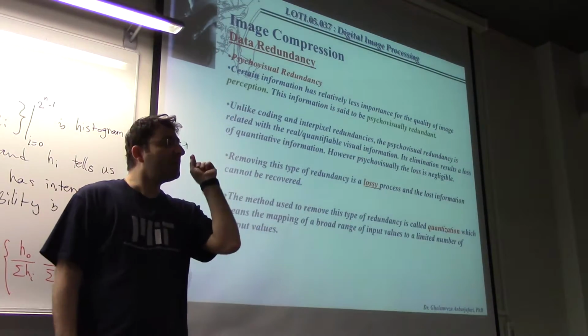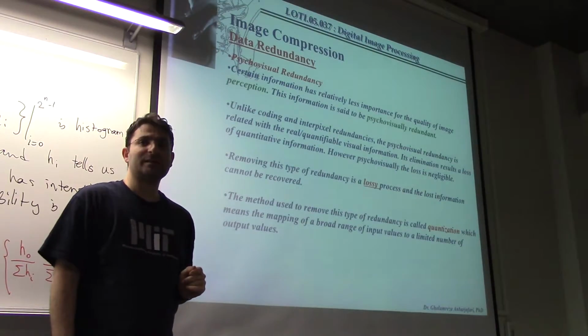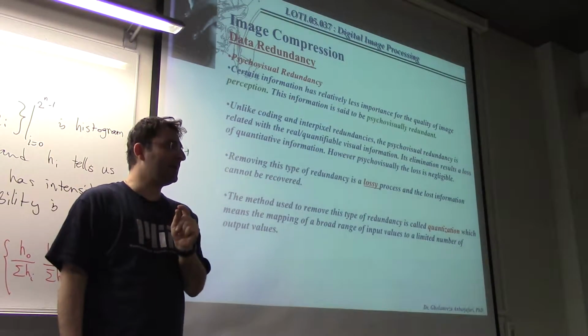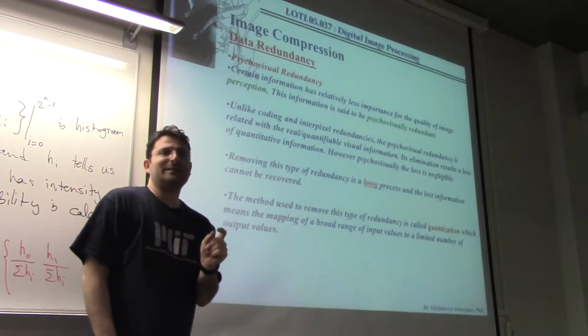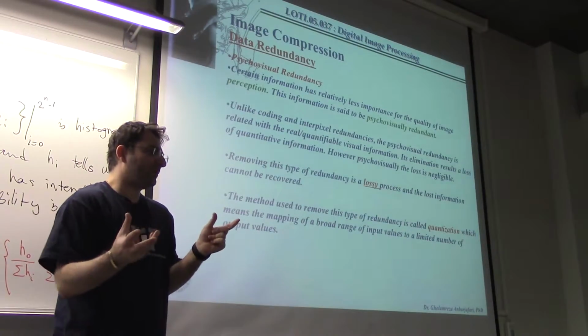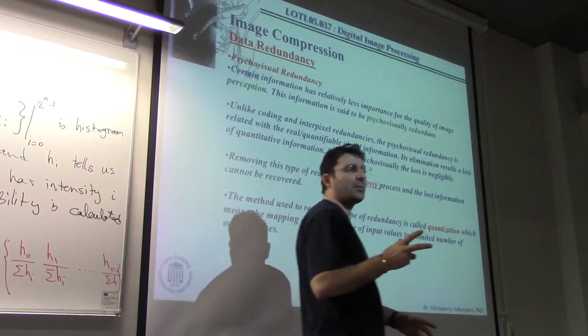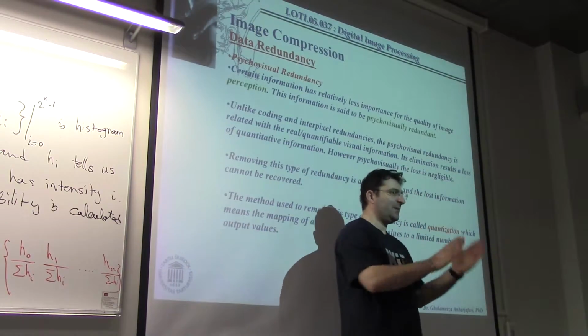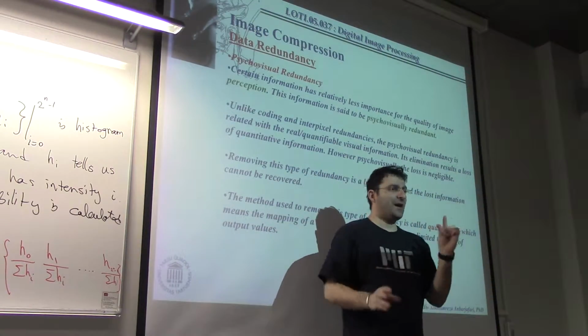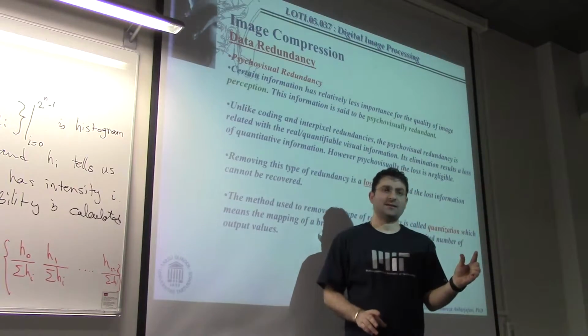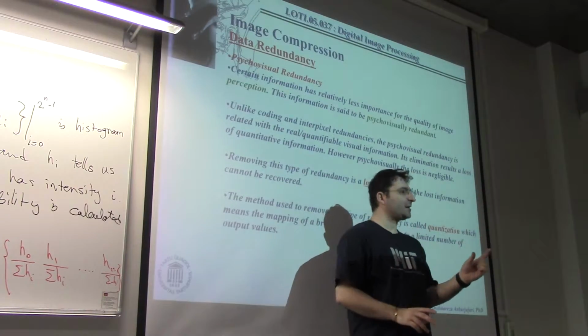Even sometimes we agree to have some visible loss, because other things are much more important. In other words, I want to compress an image because I have very limited memory space inside my robot. It's a rescue robot.